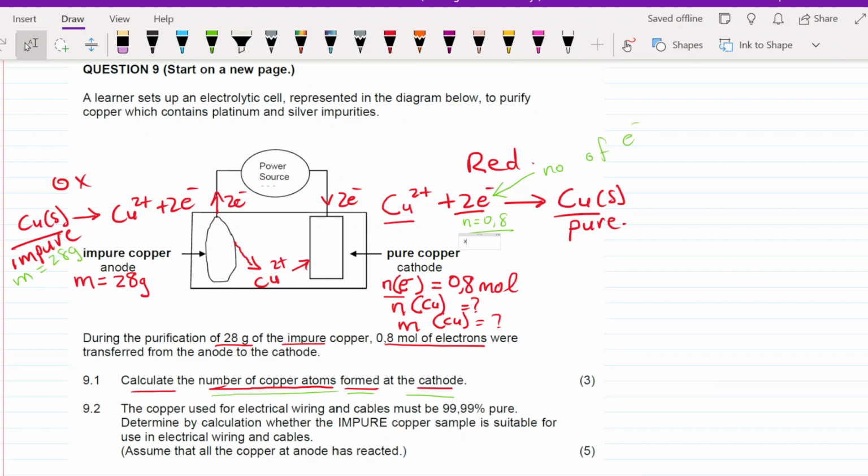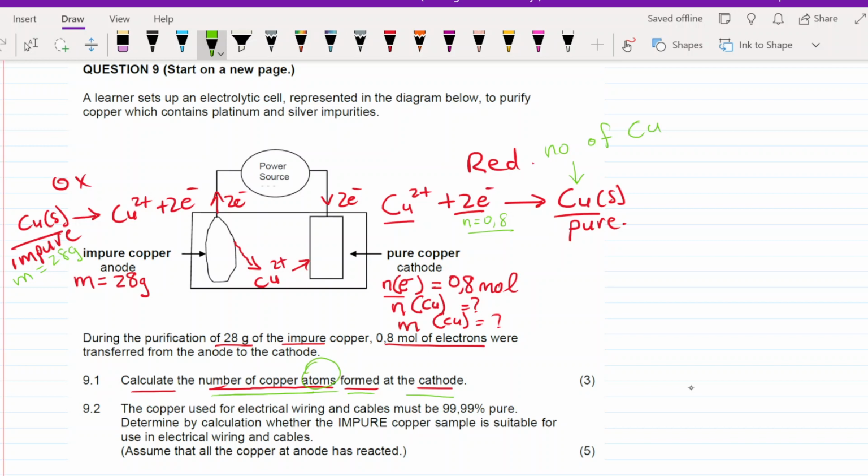Okay, sorry, I think I wrote the statement incorrectly. The statement says the number of copper atoms, not the number of electrons. Let me erase this. We want the number of copper atoms formed. We just have the number of moles of the electrons, and now we want to find the number of copper atoms.